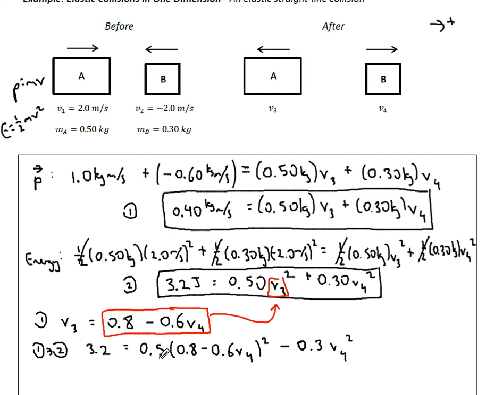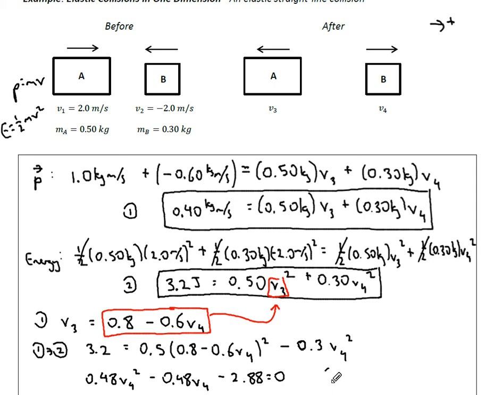When we simplify this equation down, I first have to expand this bracket, so square this whole thing and multiply by 0.5. After simplifying, all said and done, you end up with the equation 0.48 V4 squared minus 0.48 V4 minus 2.88 is equal to 0.